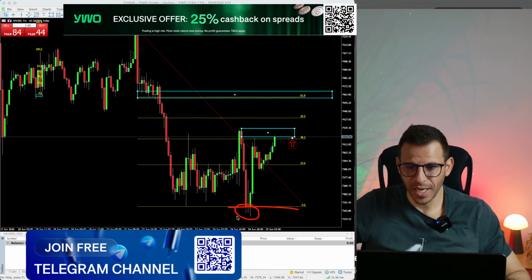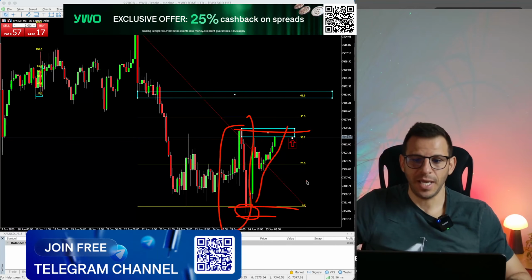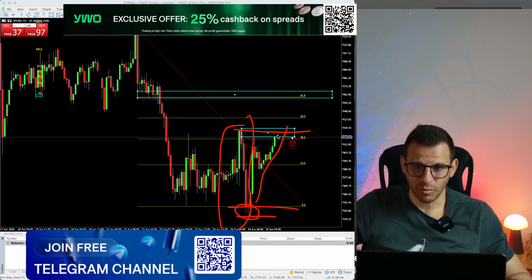And this false breakout caused the price to retrace 100% of the last impulsive downward move. And that's why I'm saying most likely we're going to see the price reaching the 61.8 Fibonacci. But for this to happen, first we need to clear up this high.